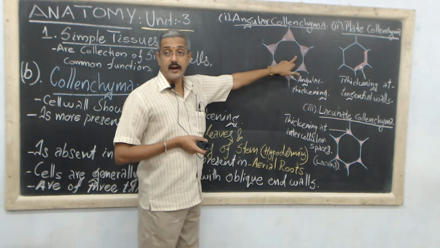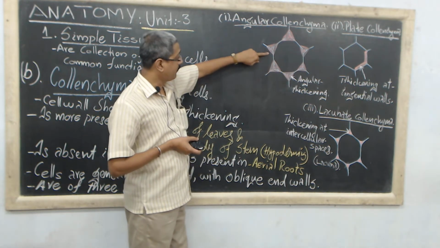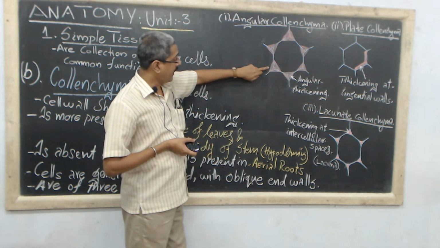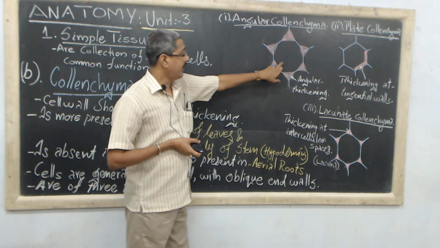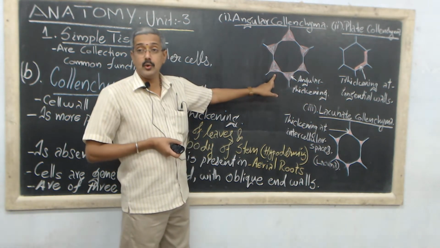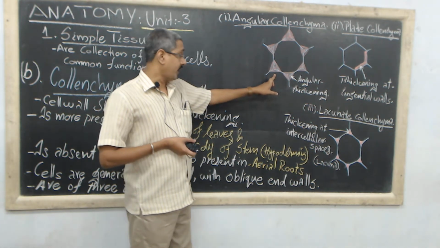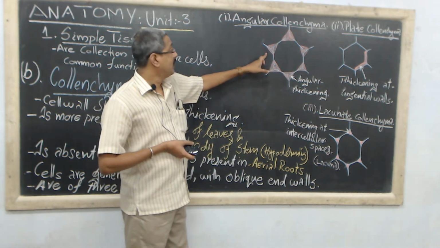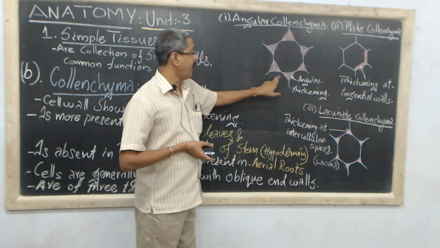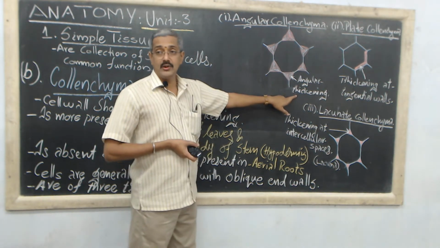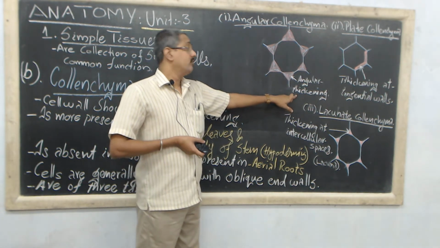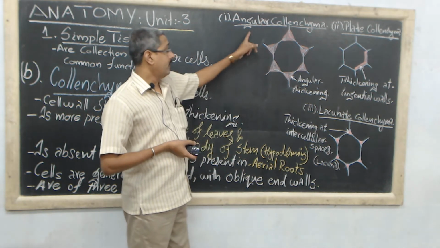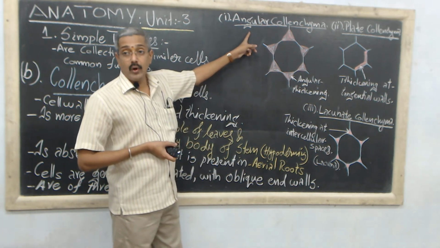Here you can see in the diagram the intercellular spaces also filled, and in addition the corners of the neighboring cells also show a little bit of thickening, which appears angular in shape. So, each corner of the cell shows the angular thickening. Such cells which show angular thickening are called angular collenchyma.